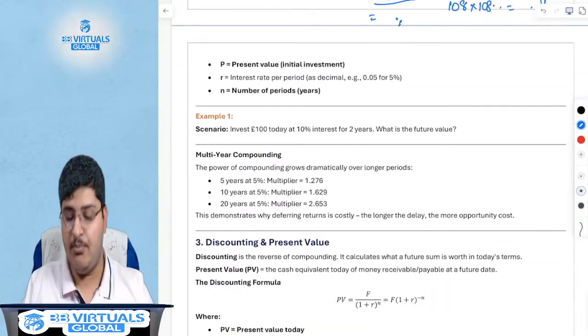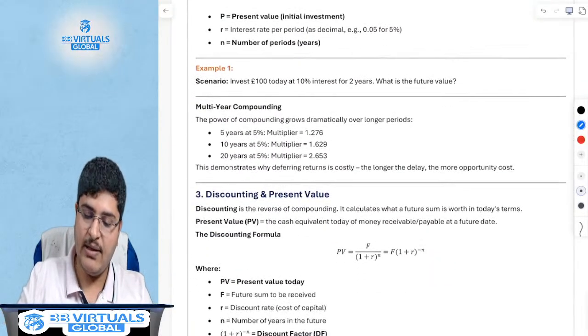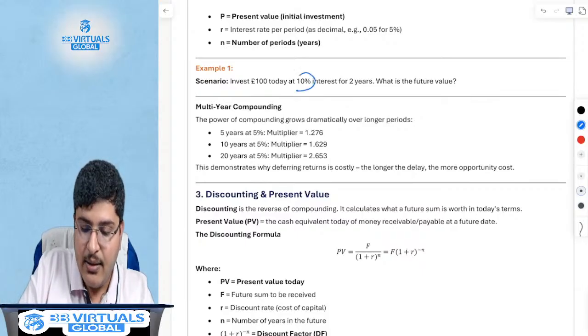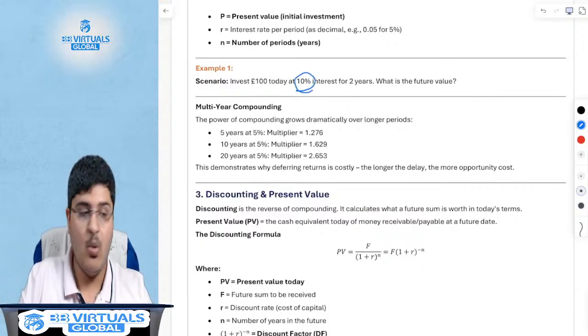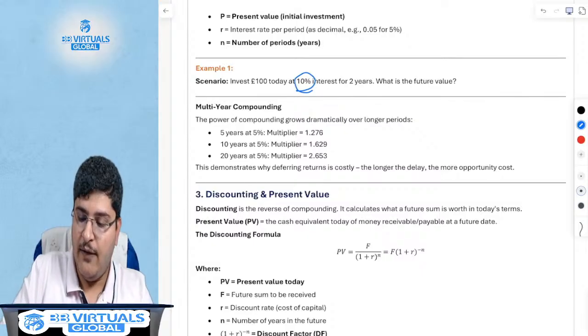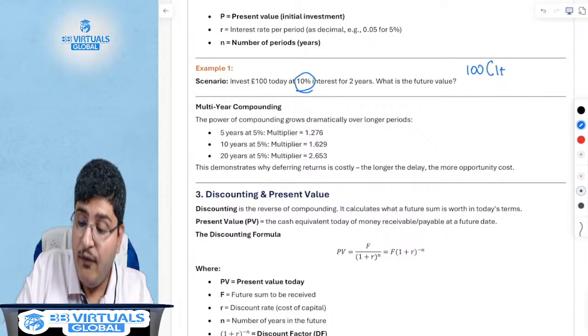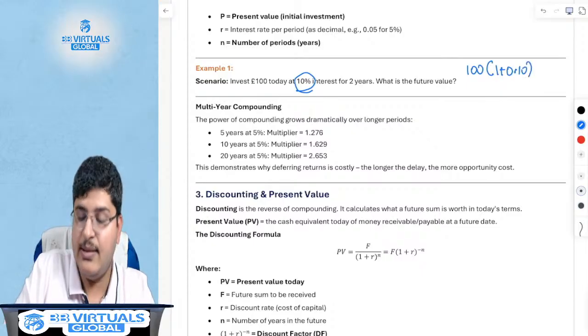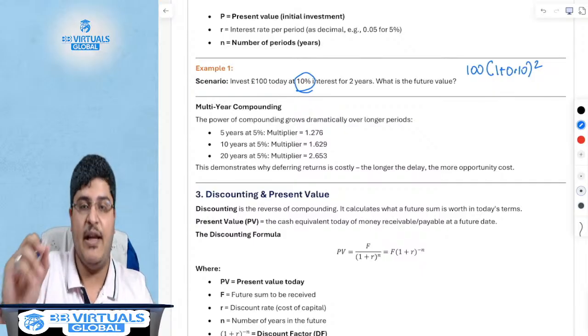Let us take an example. If you invest 100 rupees today at 10% interest for 2 years, what is the future value? There are two ways of calculating this.